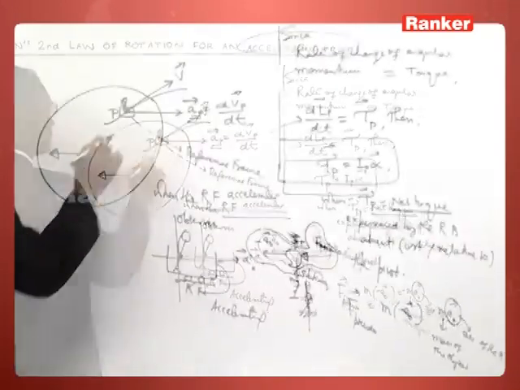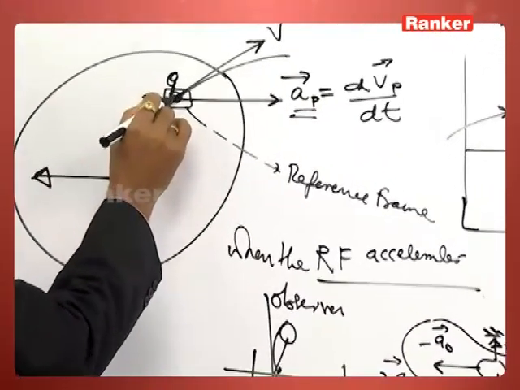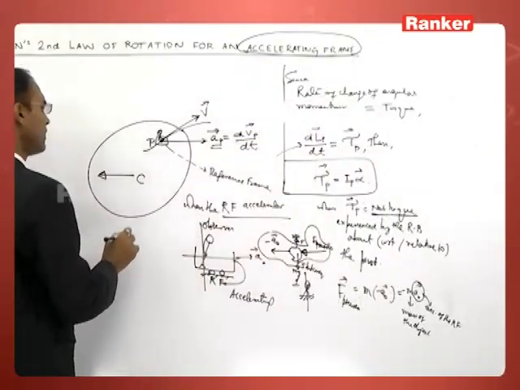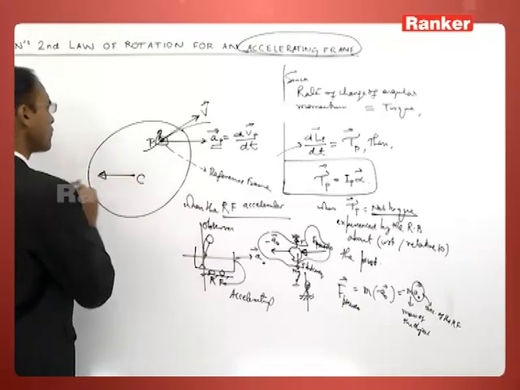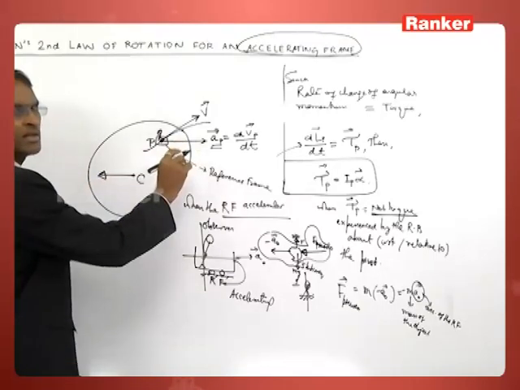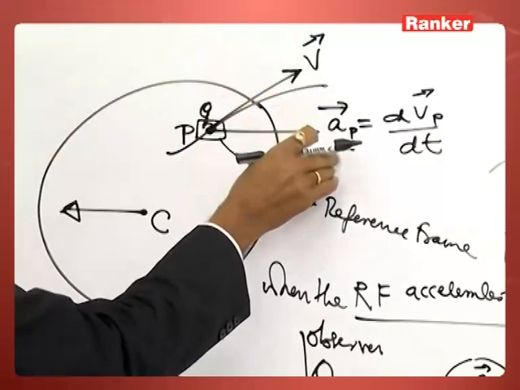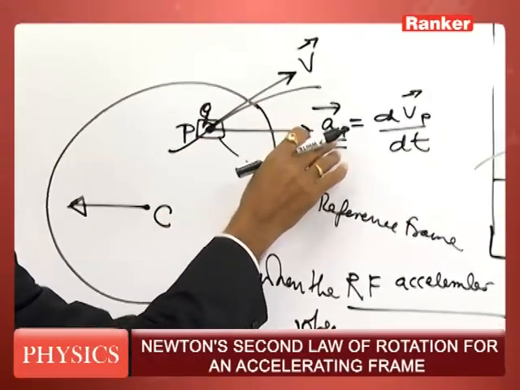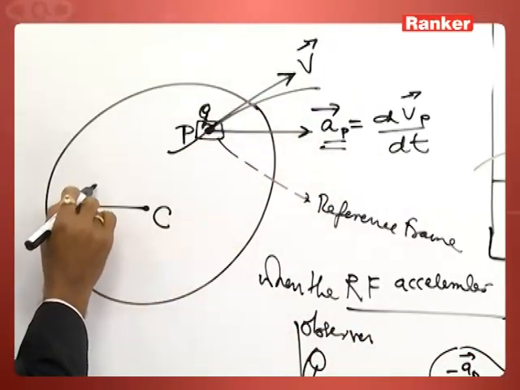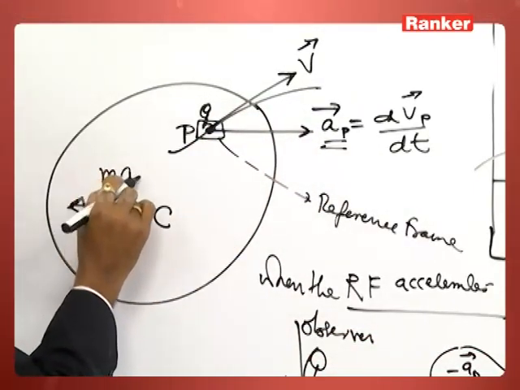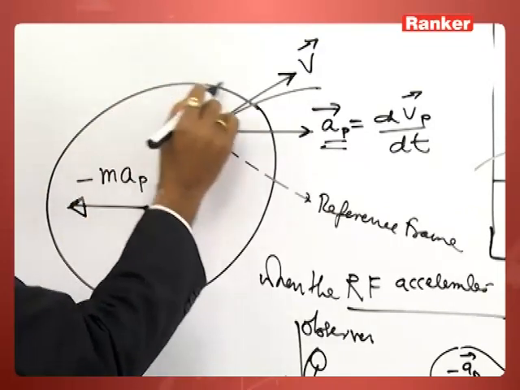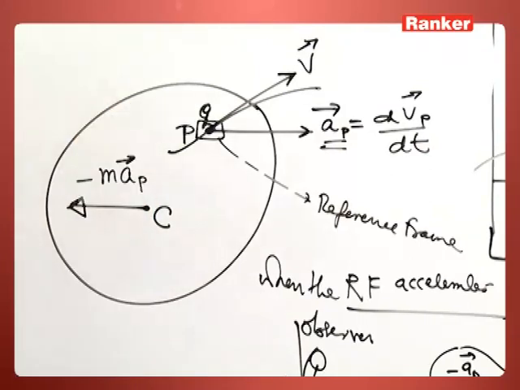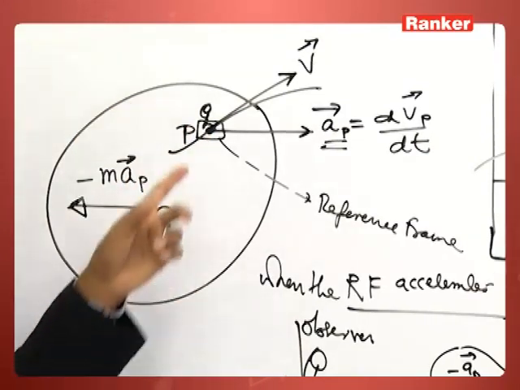So, when the pivot is accelerating, you have to impose a pseudo force which is directed in the opposite direction of the acceleration of the reference frame, which is equal to AP. Therefore, pseudo force will be equal to minus the mass of the object times the acceleration of this reference frame or the pivot.